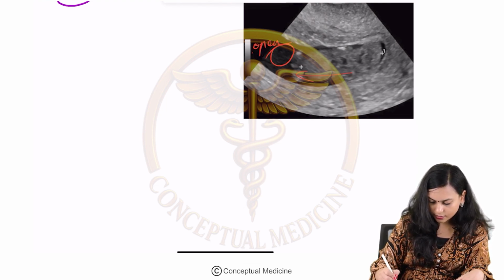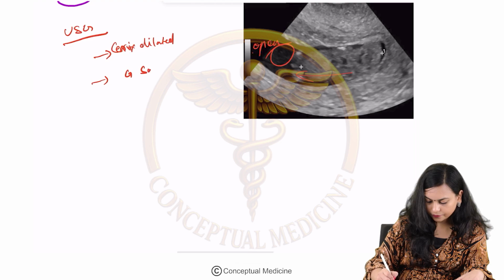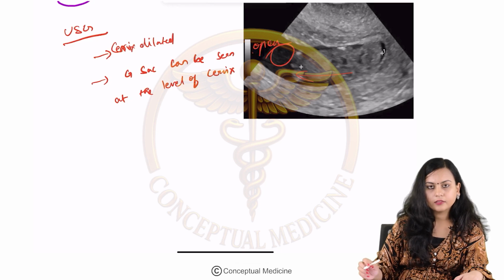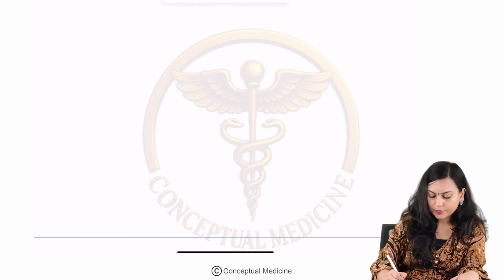So, in the USG also you will be able to find the cervix is dilated, then the G-sac can be seen at the level of the cervix. Clear? And the next type of miscarriage is incomplete miscarriage.